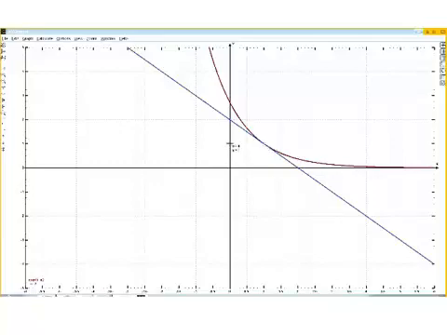So e to the minus x would go through here, and e to the 1 minus x goes through there. And you can see right here is the tangent point. We have x equals 1, y equals 1. The equation for the tangent line is slope of -1 with a y-intercept of +2. And you can see that it is a tangent line, so that does work out.